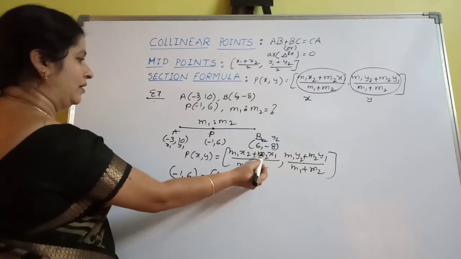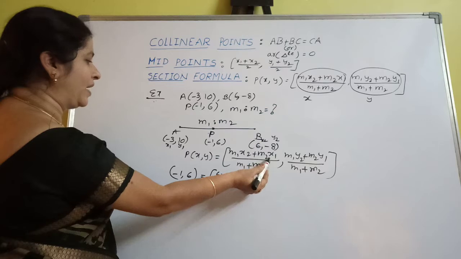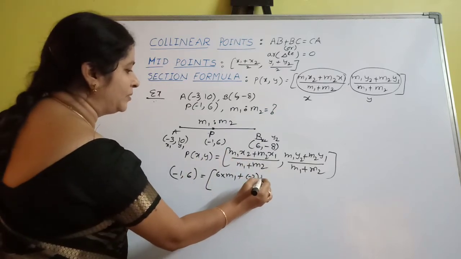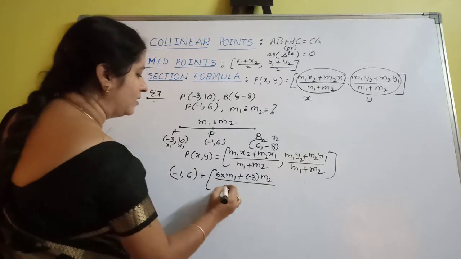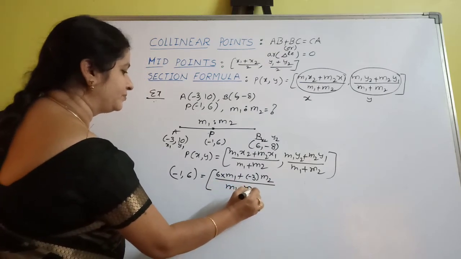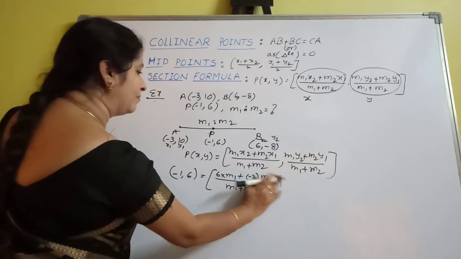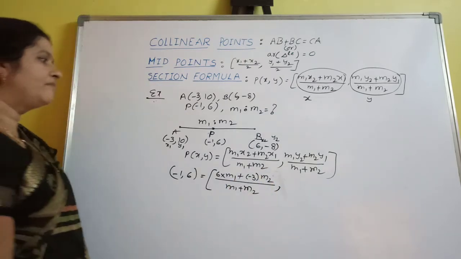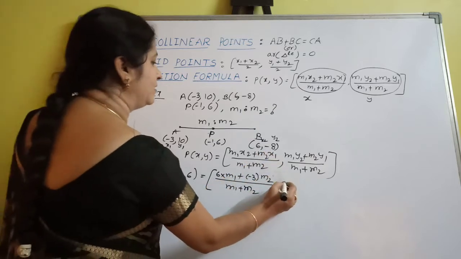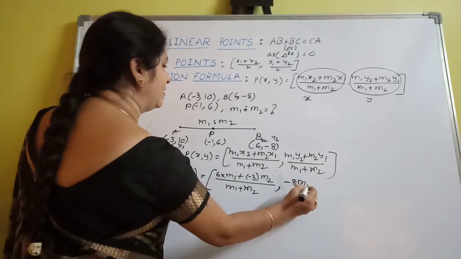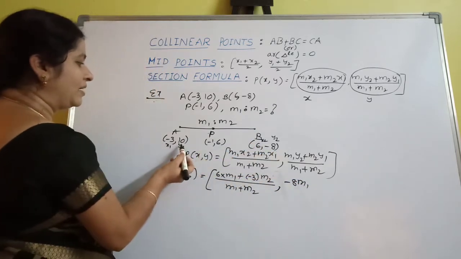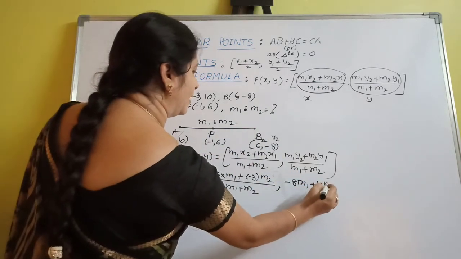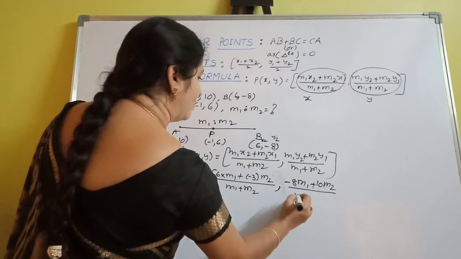So m1 x2 value is 6 m1, 6 into m1 plus m2 value simply m2, x1 value -3. So -3 into m2 by m1 plus m2. What about the second value? m1 y2 value -8. So -8 m1, y1 value 10 is given. So 10 m2 by m1 plus m2.